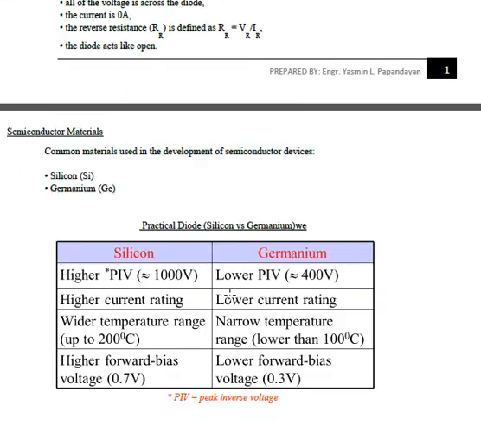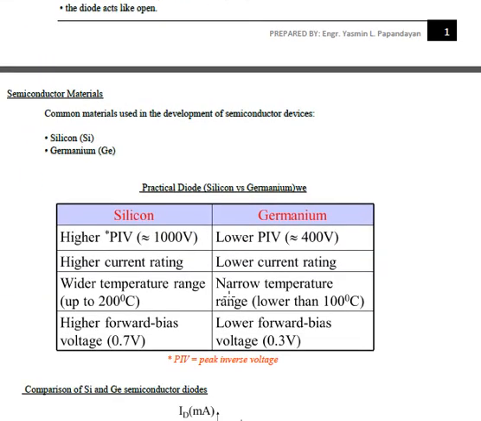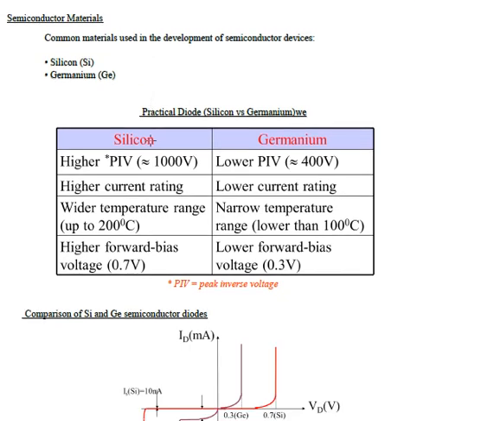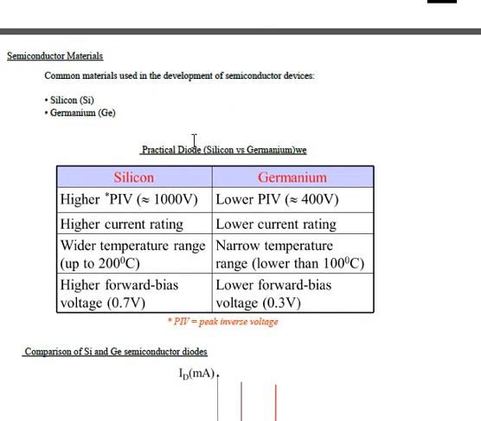So we have here the common materials used in the development of semiconductor devices: silicon and germanium. These are the common elements used in constructing diodes. The table below suggests the differences between the two.